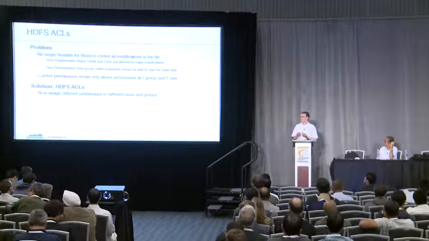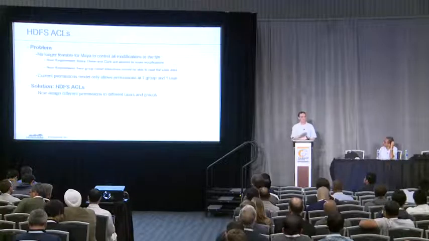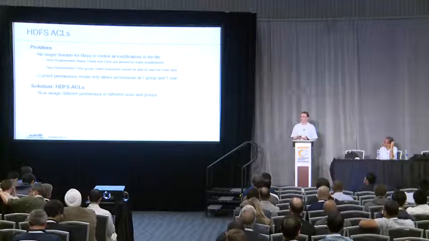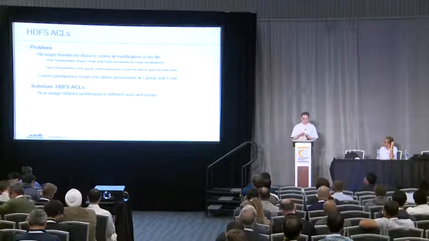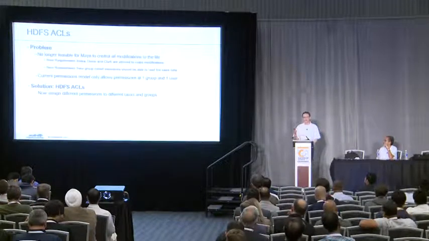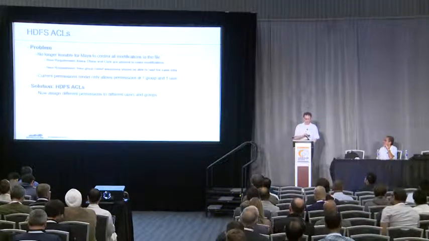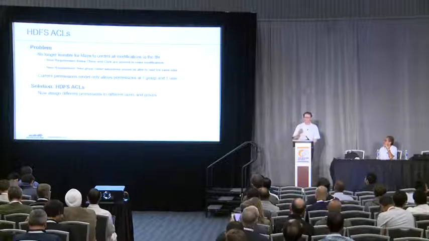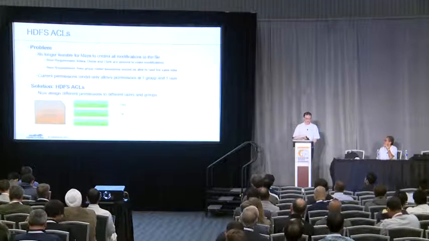This is something that can't be expressed in traditional POSIX file system permissions, because we basically have one group to work with and one user to work with, and everyone else. So you have 3 variations to work with, and that's it. Once you have more than 3 variations, the solution becomes HDFS ACLs, which allow you to assign different permissions to specific named users and named groups.